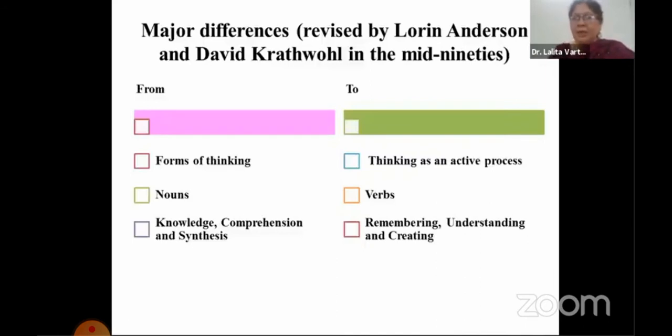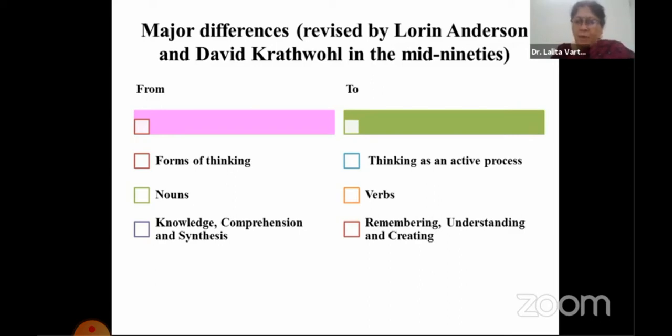But this particular theory was released again, and a few changes were made in the taxonomy. From the forms of thinking, the shift was to make thinking an active process. From the nouns which were used in the taxonomy, now verbs were used.